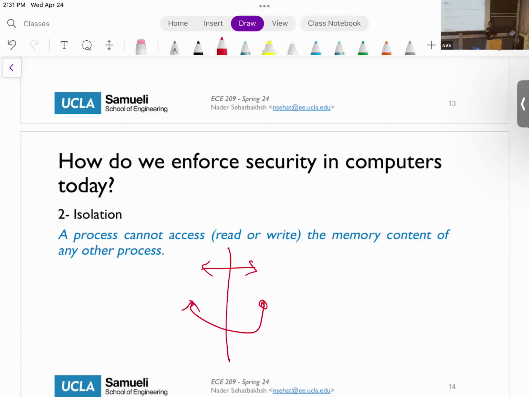So a malicious application cannot read the memory values of the other applications, and cannot obviously write anything to them. They can only access their own data. They cannot access anybody else's data. That's the big part of any secure system, having isolation.